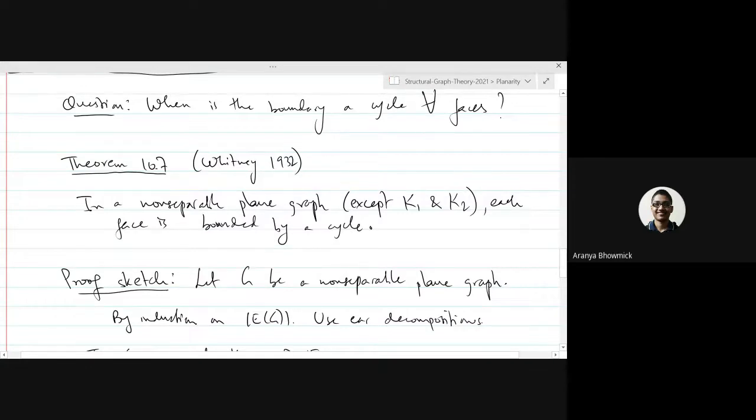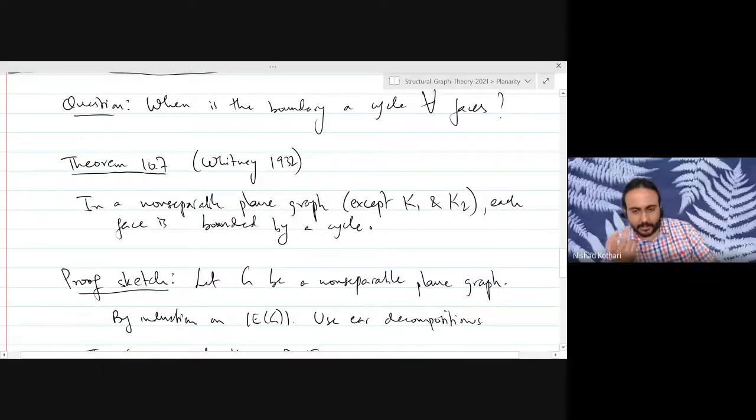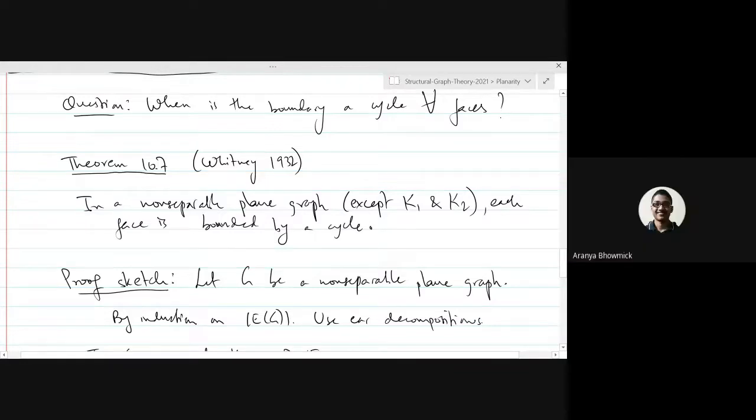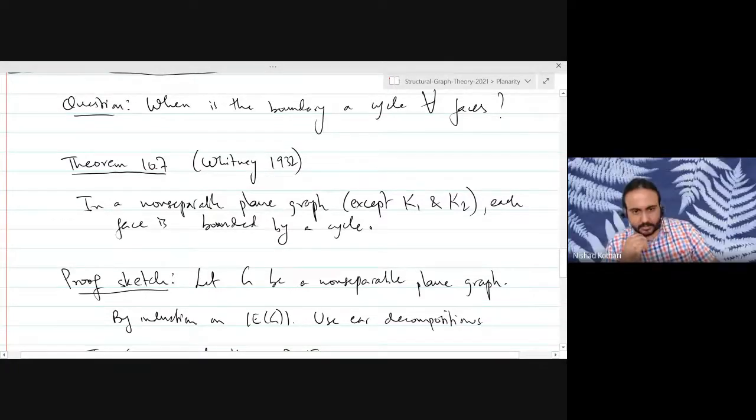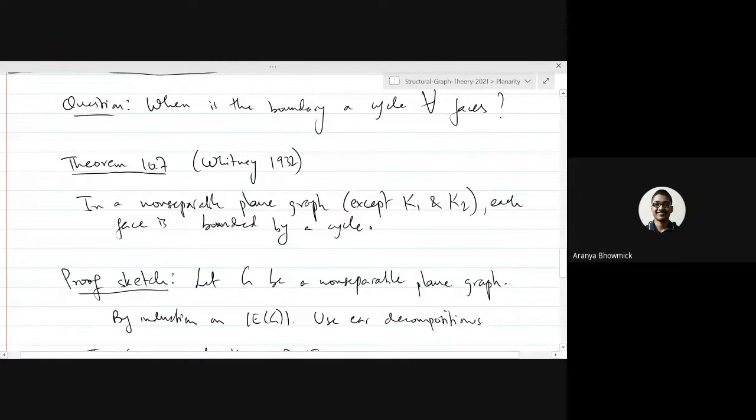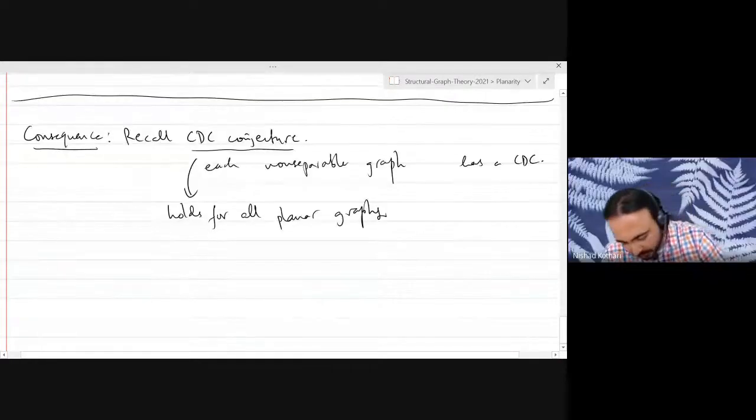Since every edge belongs to exactly two faces. So basically, the cycles corresponding to the bounded faces will give us a cycle double cover. Right. Cycles corresponding to the boundaries of the faces. All the faces, not just the bounded ones. You take all of the faces. No, I have to take all the faces. So this is due to Whitney's theorem.